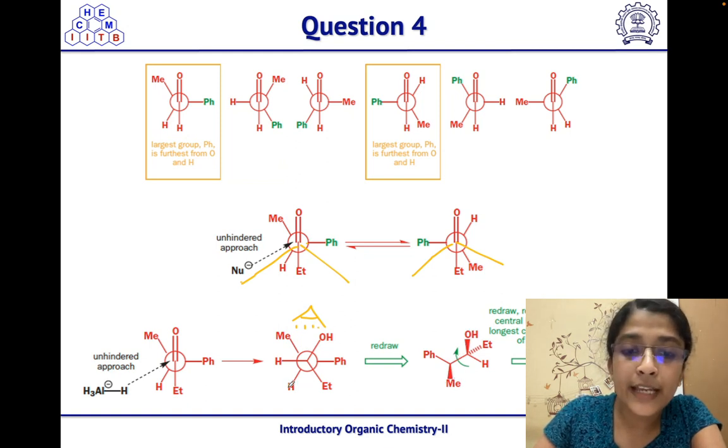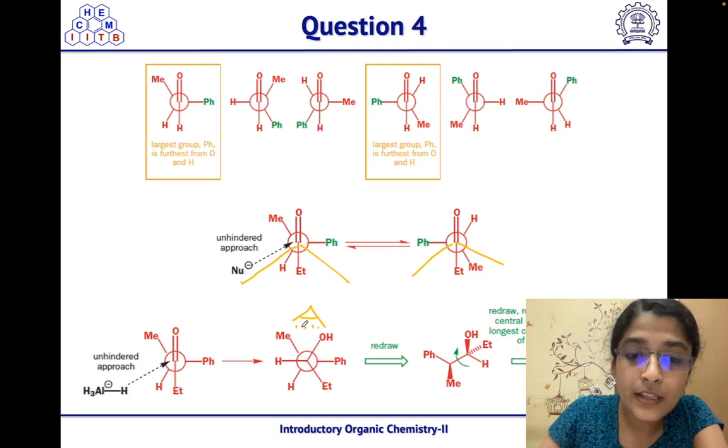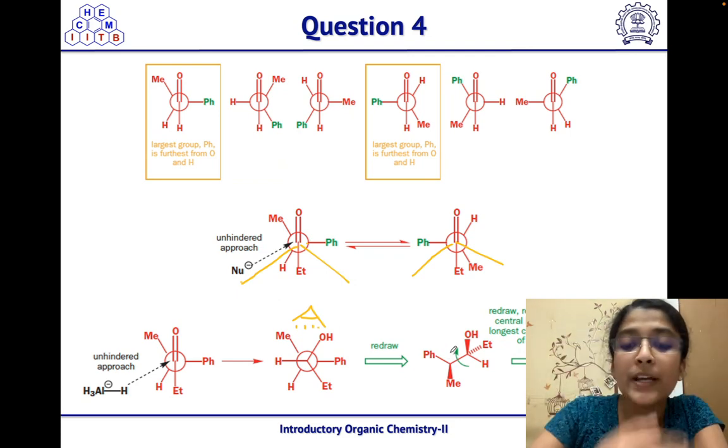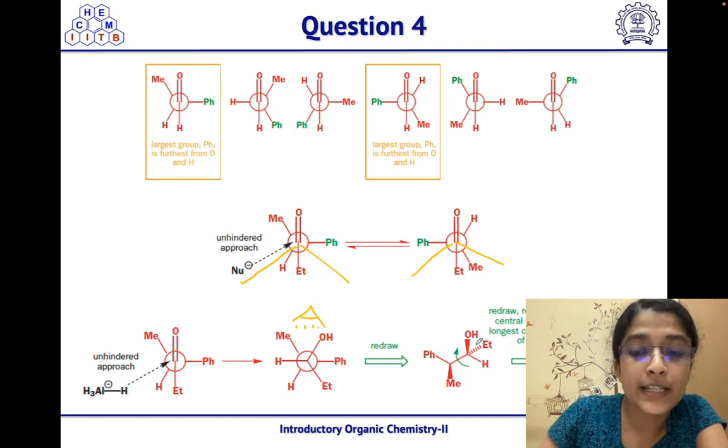Then this hydrogen, this hydrogen and this ethyl group are facing away from us. So here this hydrogen will be towards the backside of the observer, and similarly is the case with this ethyl group.